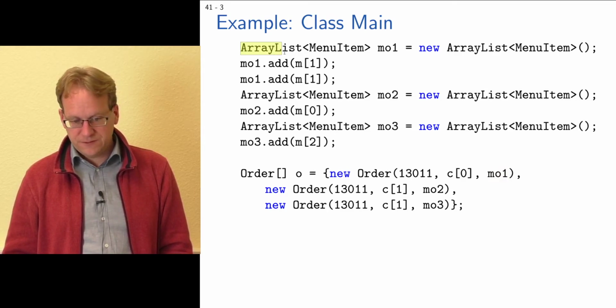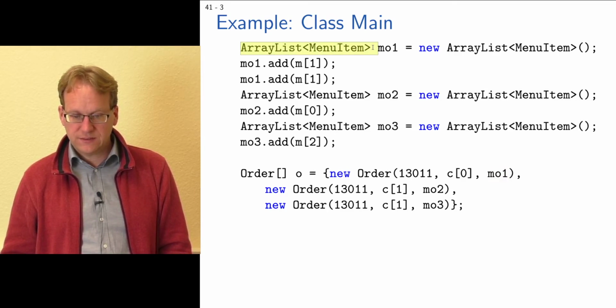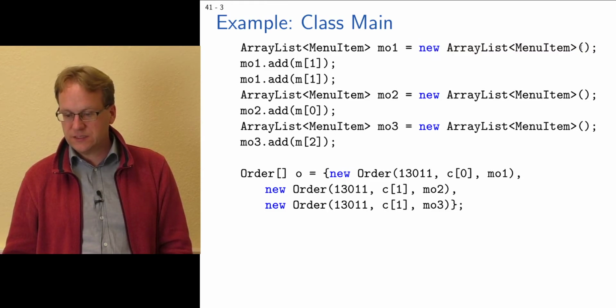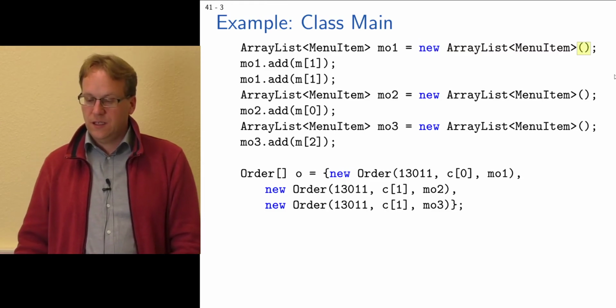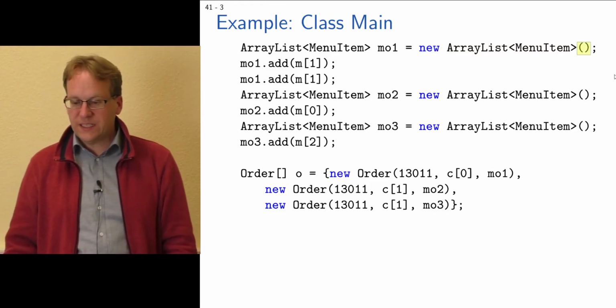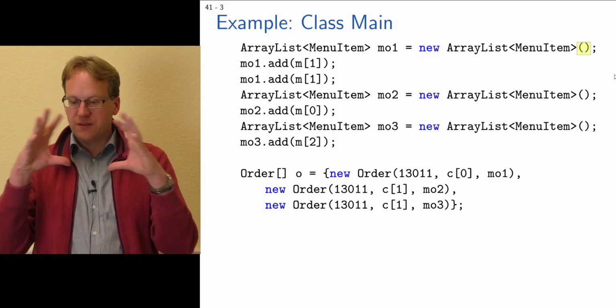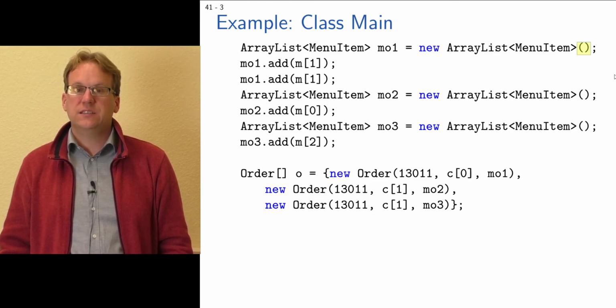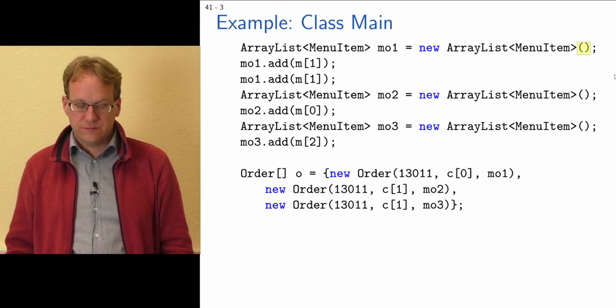So there I have, for example, here this array list of type menu item, which I refer to as MO1. That is the variable name I'm using. I'm just creating this array list with the standard constructor. So I have these round brackets opening and closing without any argument, meaning now I create an empty array list of type menu item.